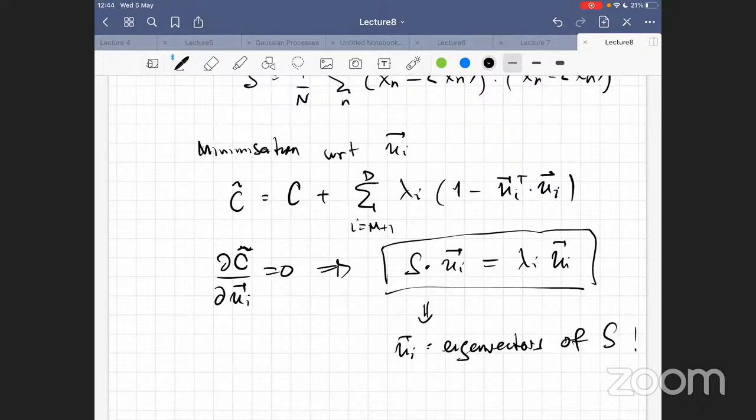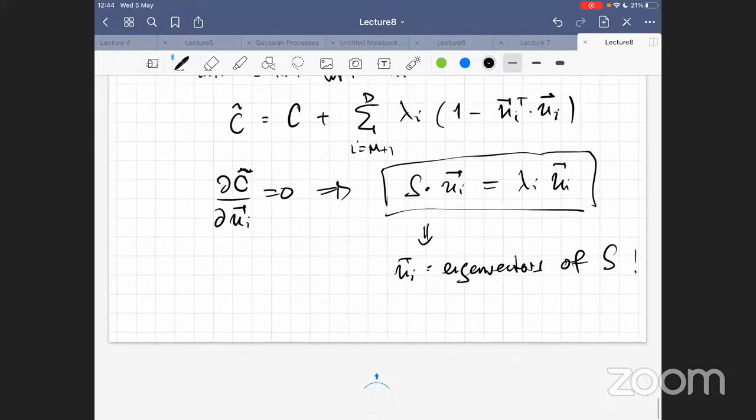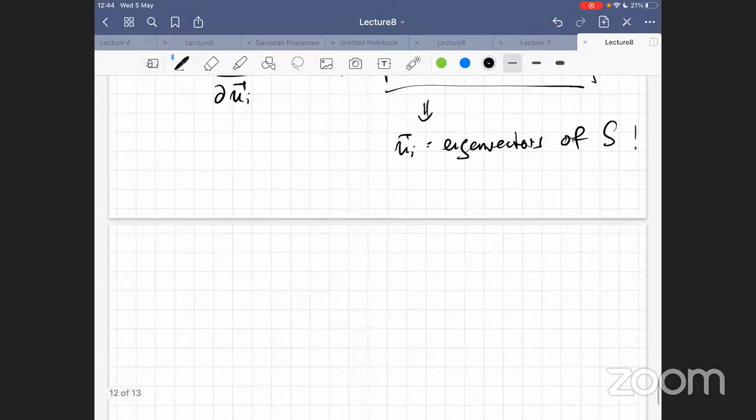Are there any questions so far? Now, what is the dimension of S? It's d by d, right? Because the original data set has d dimensions, so the covariance matrix is d by d consequently.